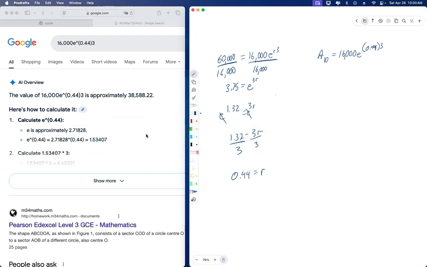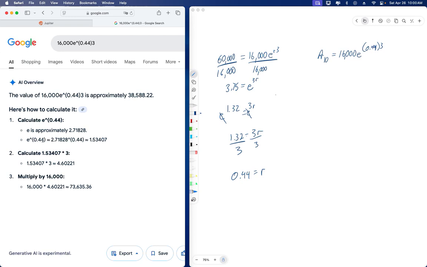Let's see if that's what it takes. And here's the steps. So it says e to the 0.44 is approximately this. Then it takes that times 3. Then it multiplies that times 16,000.